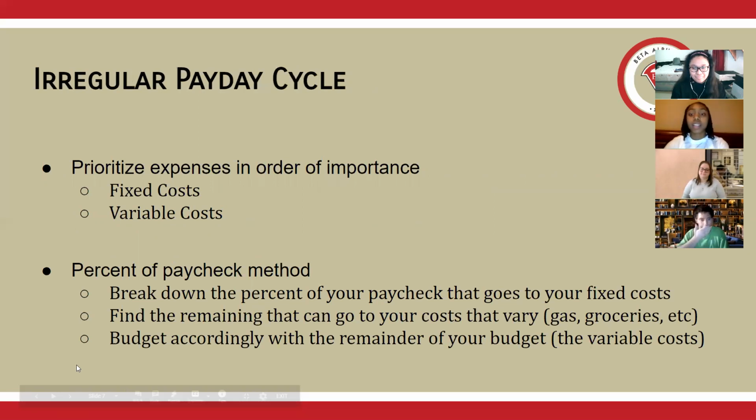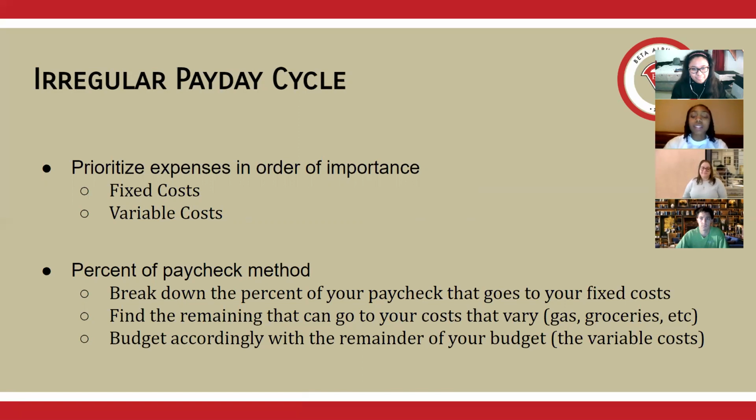So for the people who have irregular paydays, you want to know your fixed costs and your variable costs. Your fixed costs are the costs that are going to be exactly the same every month, every week. And then you have your variable costs, like gas and groceries and things of that nature that may vary.